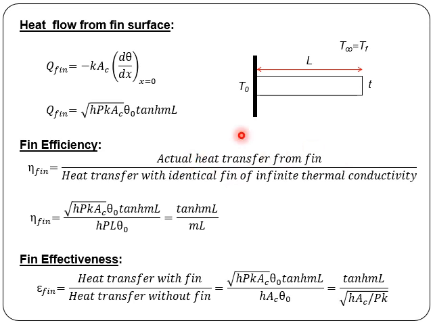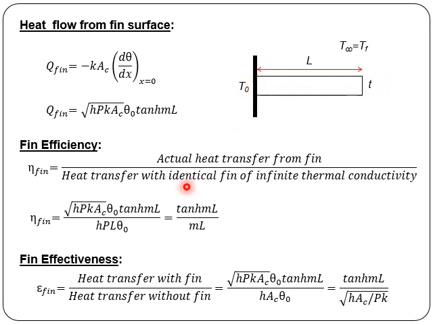So the actual heat transfer is given by under root of hp ka theta 0 tan hyperbolic of ml. But when you have the total fin at a temperature equal to the base temperature, then delta T along the length of the fin will be T0 minus T infinity. So this applies to the total surface, not only the base surface.